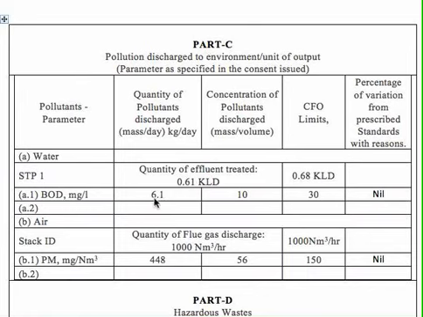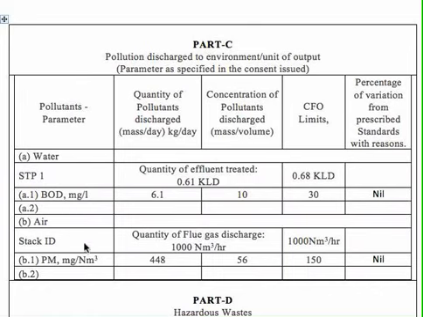So we get this quantity of pollutant that we discharge. This calculation can be made for all the parameters and entered accordingly. For this you can have an Excel sheet as well, so you can enter all the calculations in the boxes, and automatically the values will come.